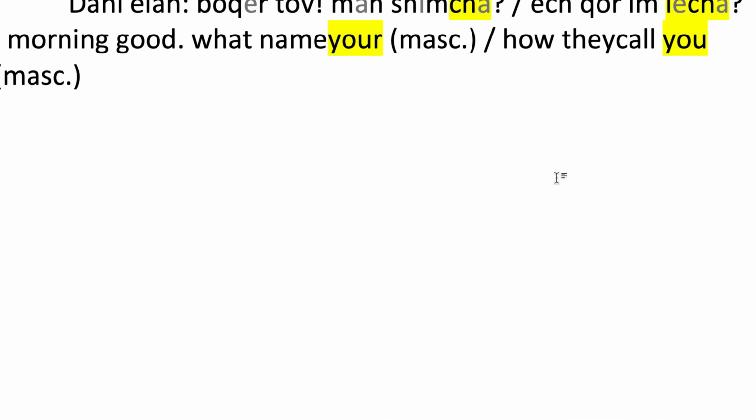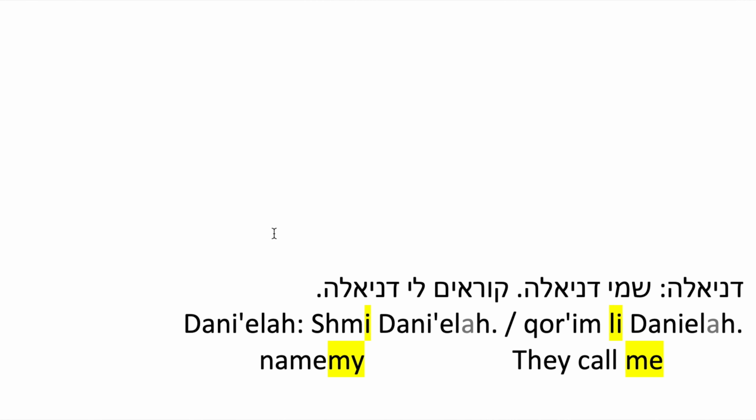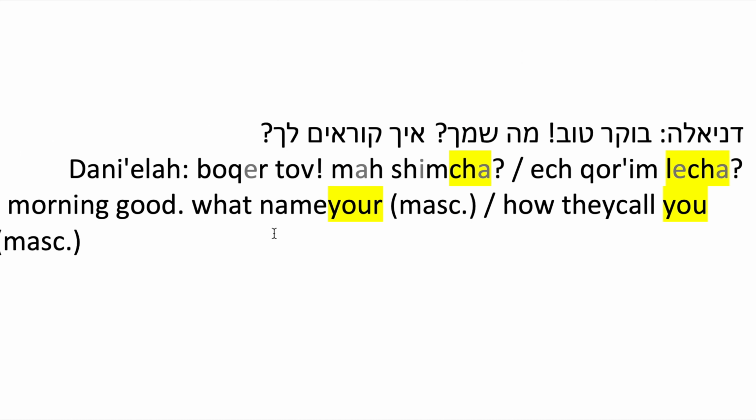So, what does this mean? Tov means, when we go back to the first sentence, we saw this here. Boker Tov was good morning, but in a reversed order. So Boker means morning and Tov means good. So we know Tov means good.